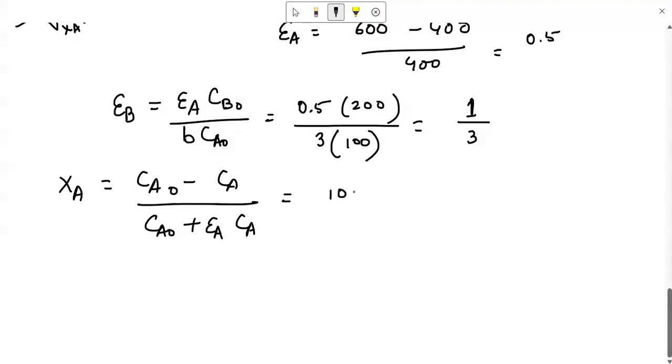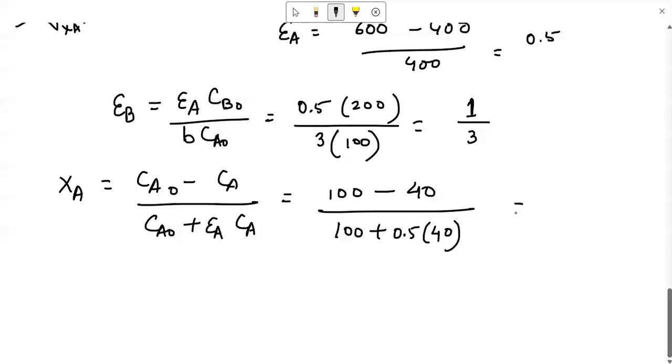This gives 100 minus 40, since Ca was 40 at the outlet, divided by 100 plus 0.5 times 40. This gives us 60 by 120, that is again 0.5. So A has 50% conversion.